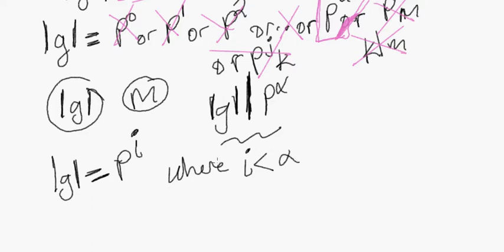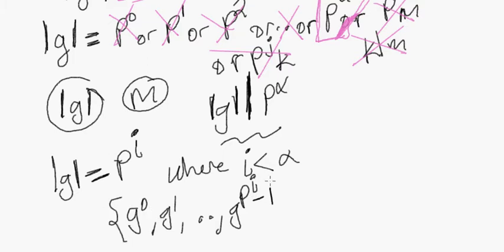In which case, sure, we found a subgroup. Haven't we found the cyclic subgroup g to the 0, g to the 1, all the way to g to the p to the i minus 1? But unfortunately, this cyclic subgroup has cardinality p to the i, which seems to be less than p to the alpha. And so we're not sure again if this strategy is going to help us.